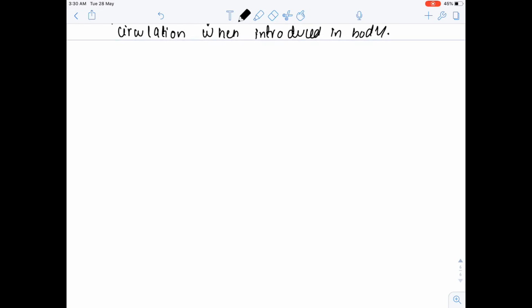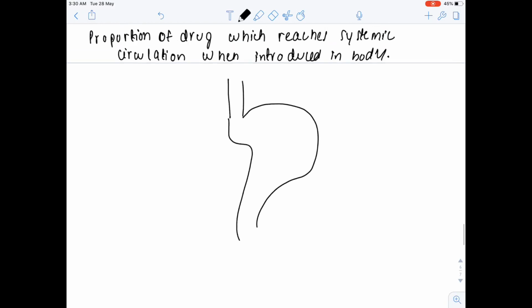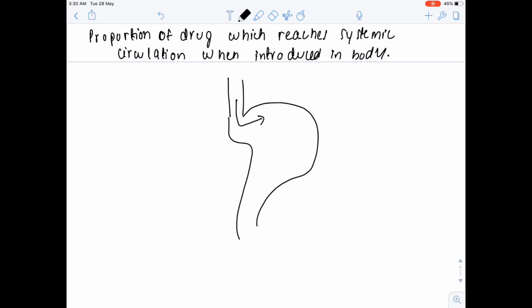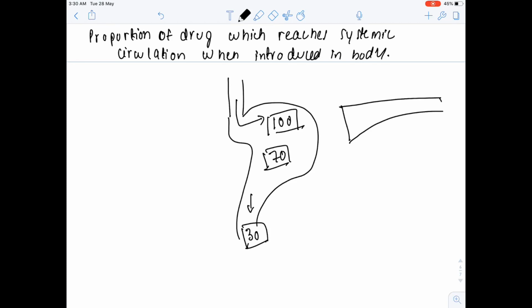Okay, I'm just giving you an example. Just see the diagram. Suppose we give a patient a drug, 100 milligram. Out of 100 milligram, 30 got excreted. So how much remained? 70 remained. The 70 through portal circulation reaches the liver. Out of 70, 30 get destroyed. Then how much remained? 40.